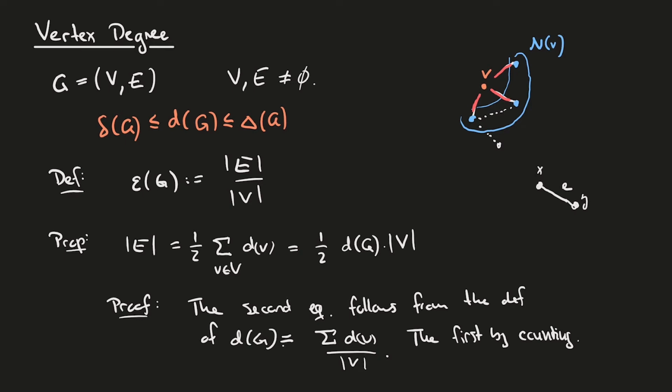Thus, each time we count an edge, we count 2 towards the total degree over all the vertices in the graph. Therefore, each edge in G contributes 2 towards the total degree, that's the sum over all the degrees in G. From this, it now follows that the number of edges is half the total degree of G. You should convince yourself that this intuitive argument makes sense.